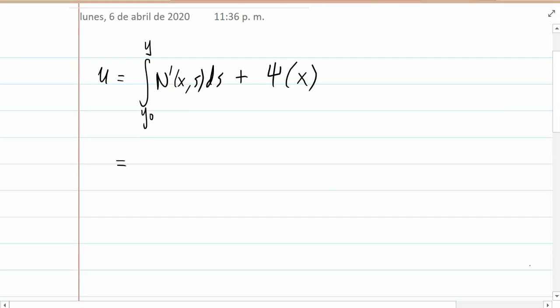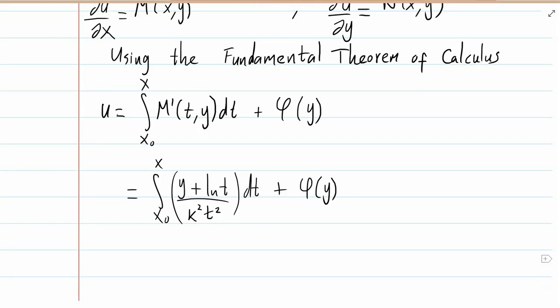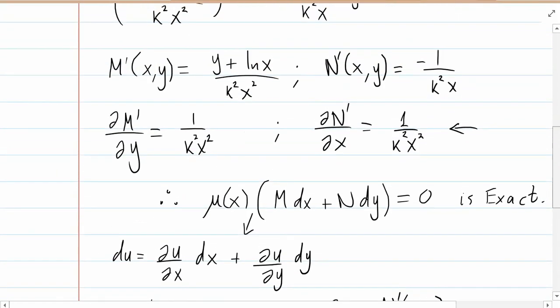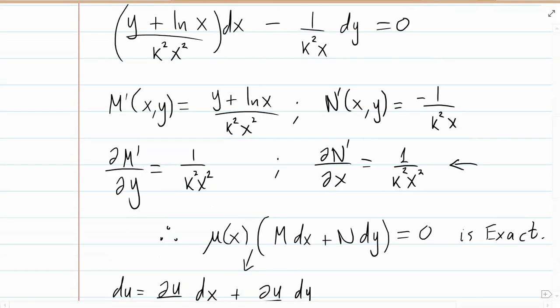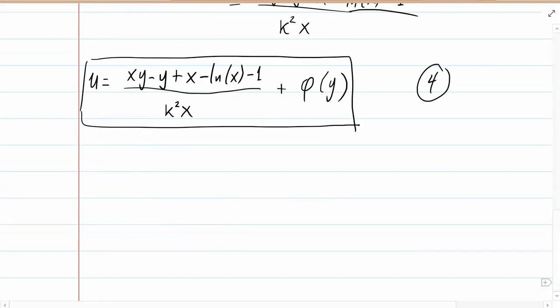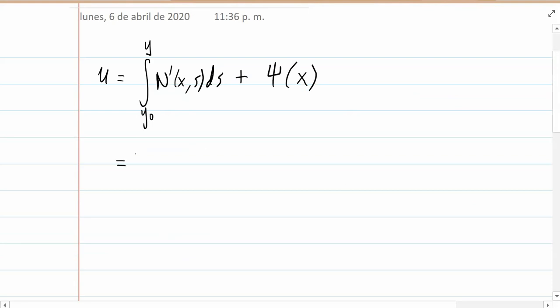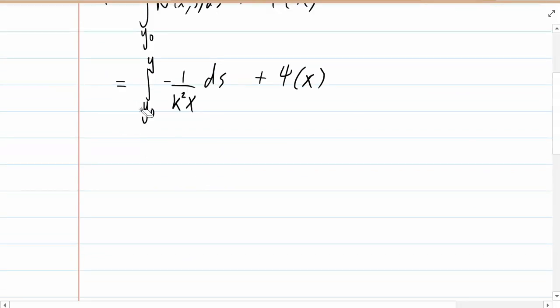When we substitute the values of n prime in here, where is my n prime? Negative 1 over k squared x. I have that the integral from y naught to y of negative 1 over k squared x, ds. This integrand does not depend on s, so I can bring it out of the integral, and I get a very simple result.